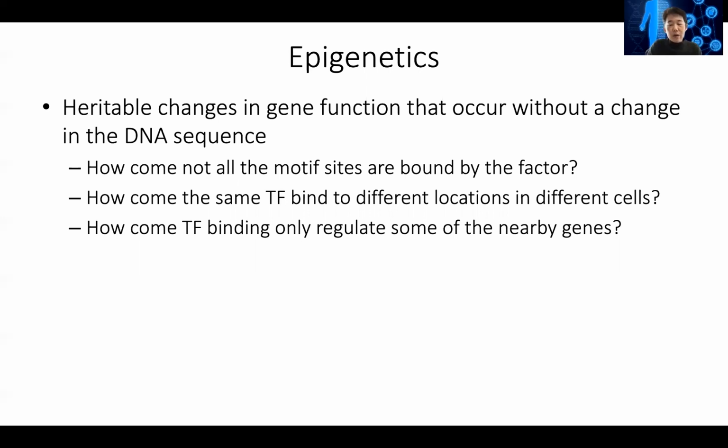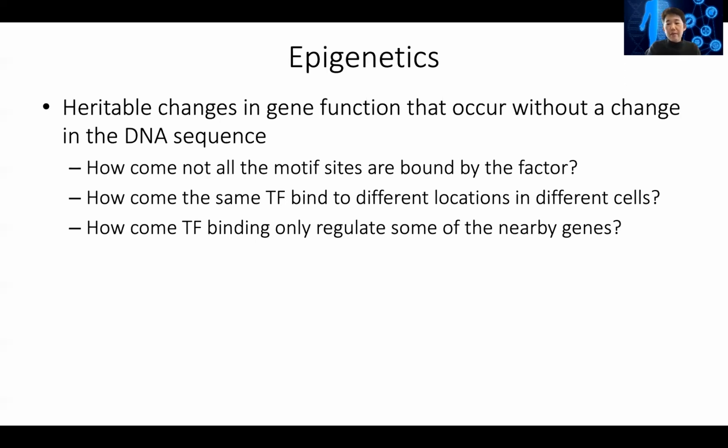Also, when people do ChIP-seq for a transcription factor in different tissues, such as androgen receptor binding in prostate versus liver or other tissues, you would see that even though the transcription factor motif influences binding, the factor will bind to different locations in different cells, and not all motif occurrences are bound by the factor.